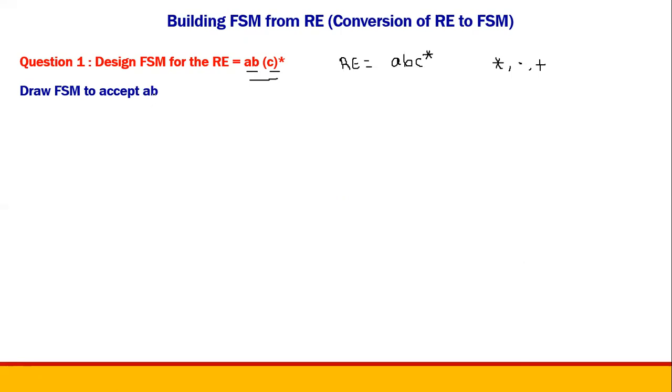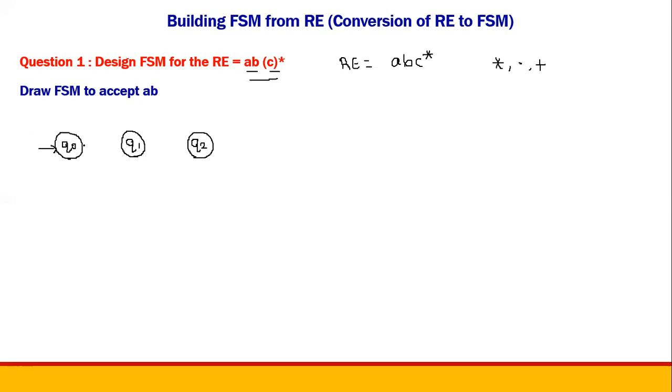According to the theorem, it is A dot B, that means A followed by B. The expression is AB and the equivalent FSM has Q0, then Q1, and then Q2. Only for this expression AB, Q2 becomes the final state.